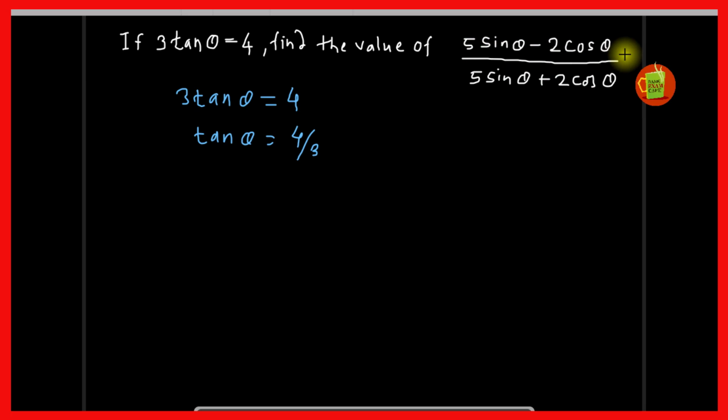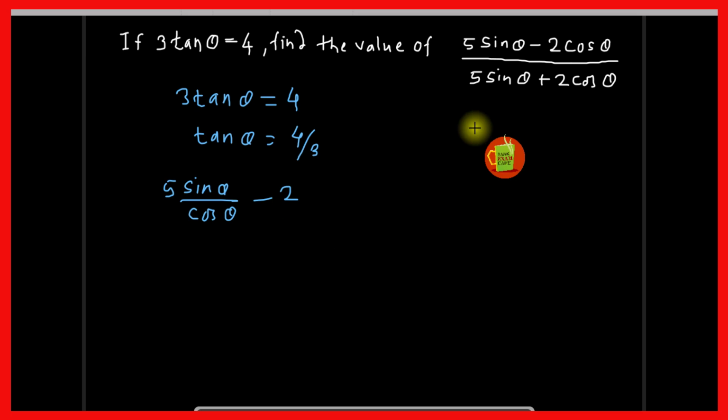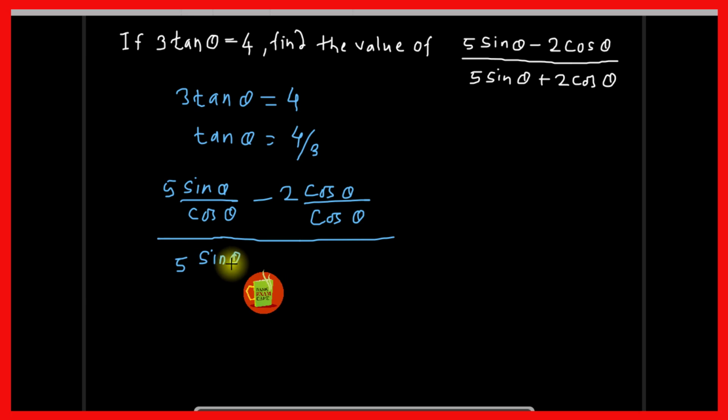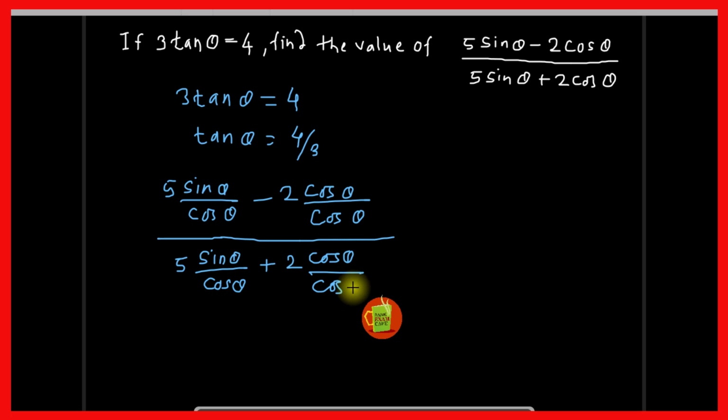So if we divide the numerator by cos theta and also the denominator by cos theta, then what we will get? 5 sin theta upon cos theta minus 2 cos theta upon cos theta, that will be 1, upon in the denominator again the same thing, 5 sin theta upon cos theta plus 2 cos theta upon cos theta.